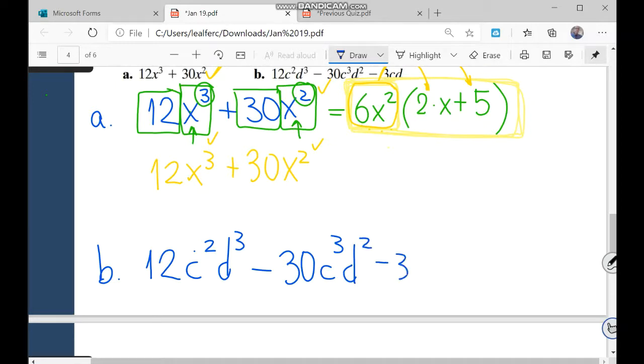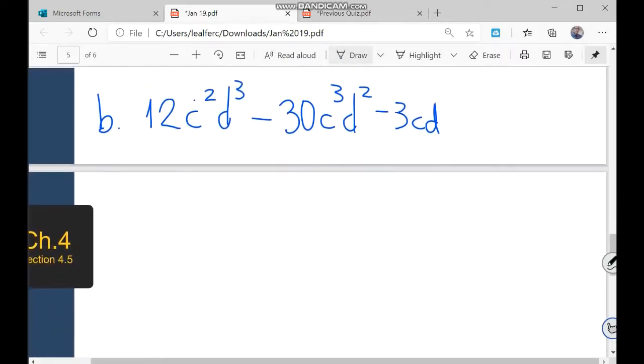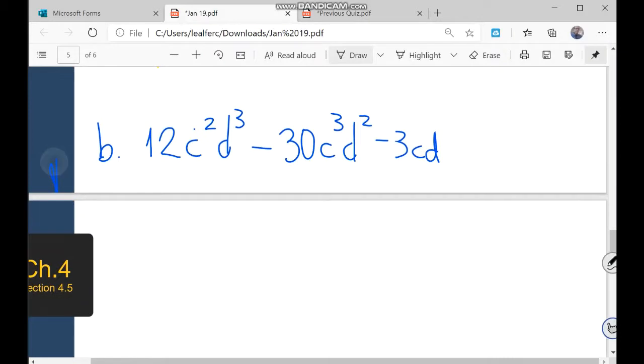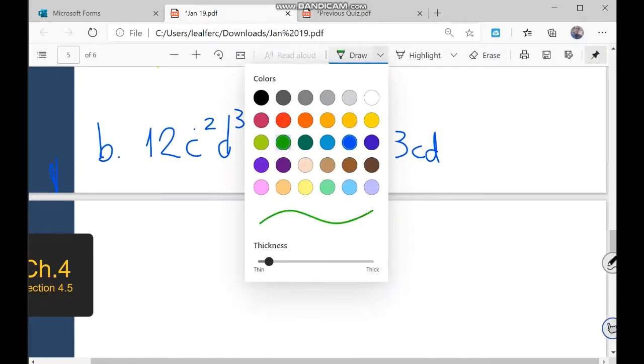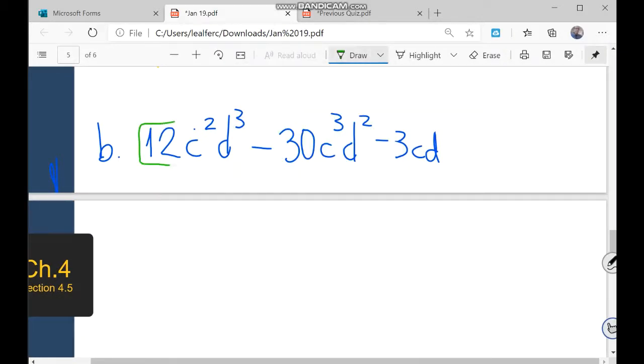Minus 3CD. This is letter B. The first thing to find out is the common factor of the coefficients, the numbers. We have 12, negative 30, and negative 3. 12 is 3 times 4.